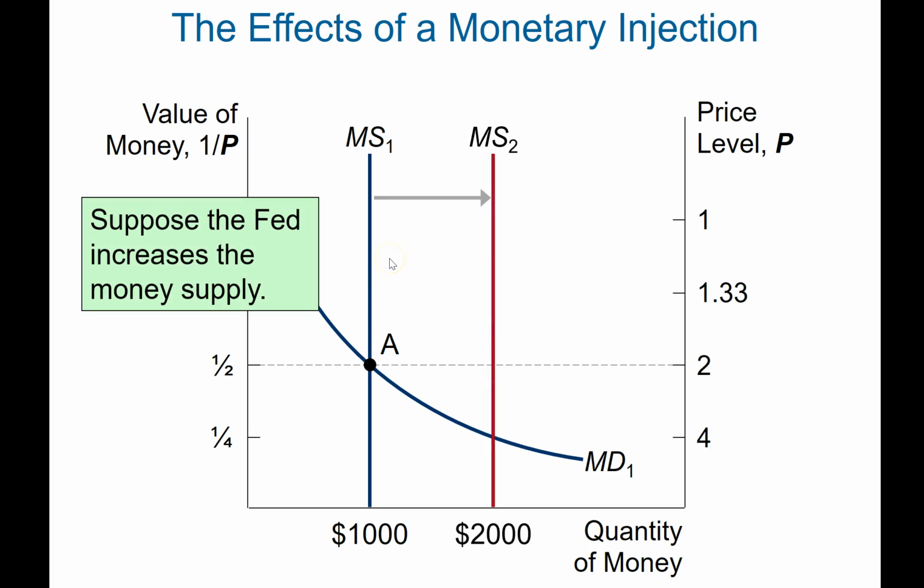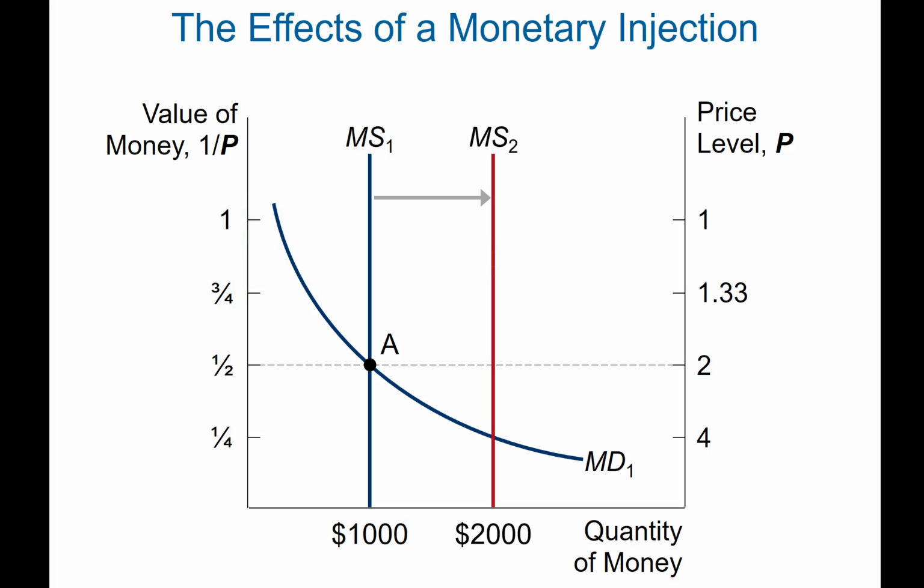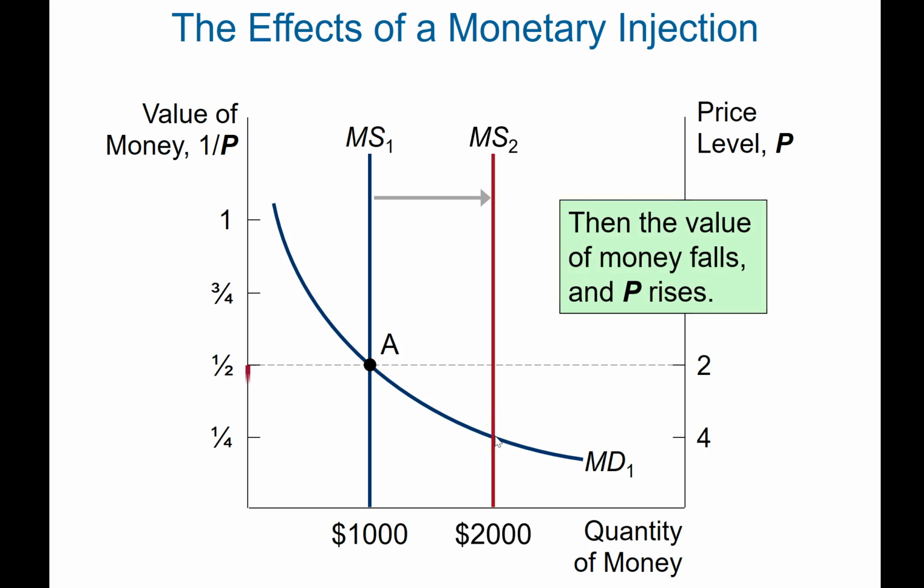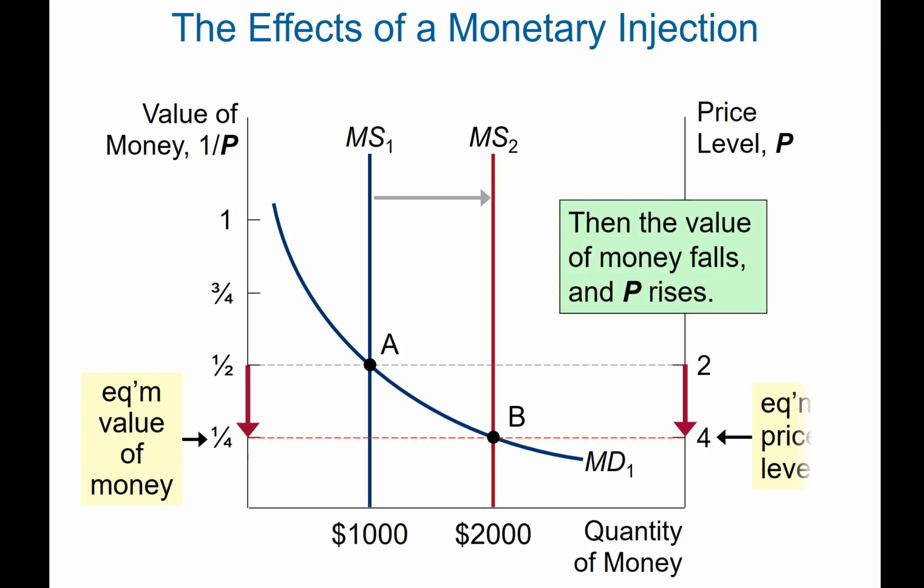Now let's see what happens if the Fed injects money into the money supply. We would call this monetary growth or something like that. So the Fed increases the money supply using whatever tools of monetary policy they're using, and let's shift that supply curve to the right to indicate that, and we can see the subsequent effects on our graphical analysis here. What happens? Well, with that increased money supply, we're going to have a new point on that money demand curve.